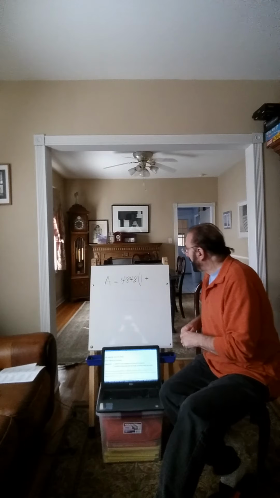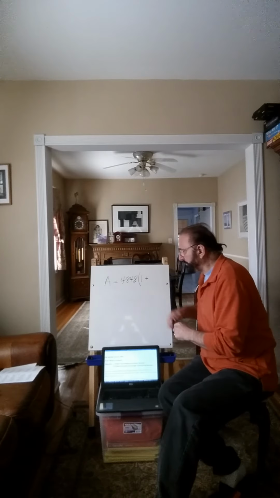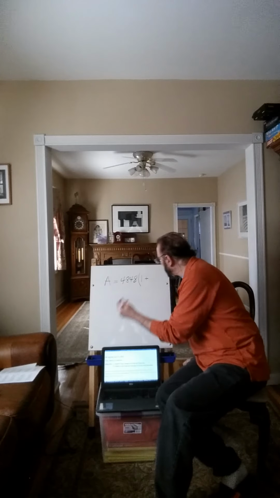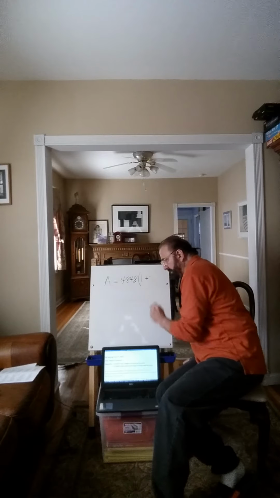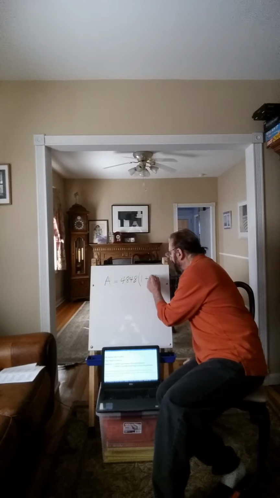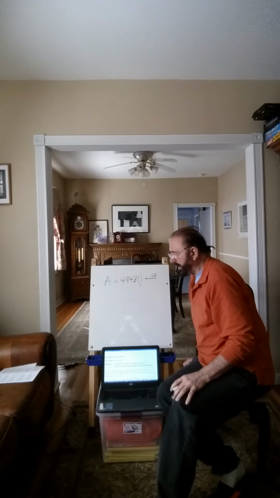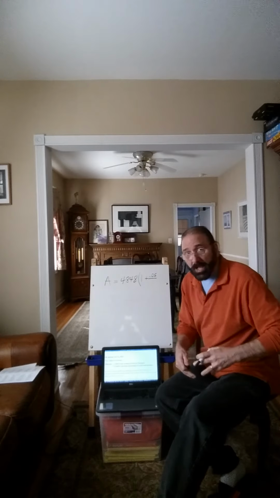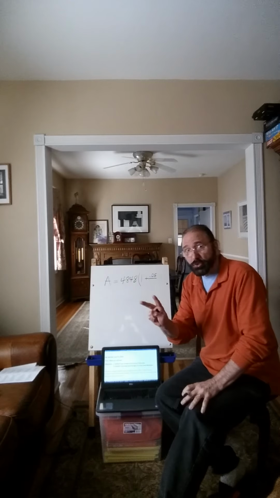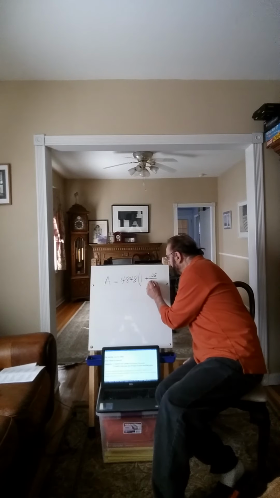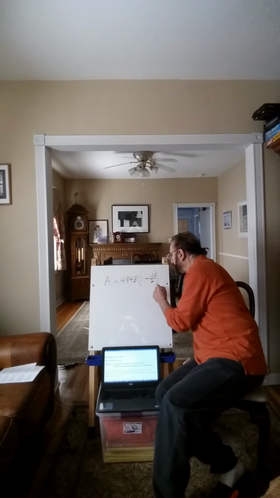So that's what the 1 is for. Then we've got the rate, which in this case is 5%, 0.05. Now the number of compoundings is not going to be 1, it's 2, right? So I get the 2 under here.